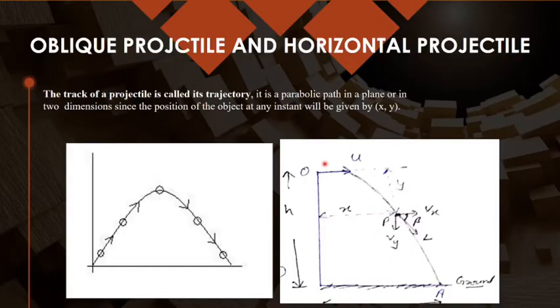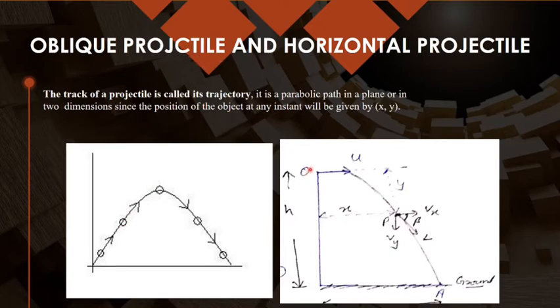When we talk about the projectile, I can throw the body at some angle, or I can throw it horizontally, as shown in the diagram. If you are throwing at some angle, that is known as a projectile with angular projection, or simply an oblique projectile.